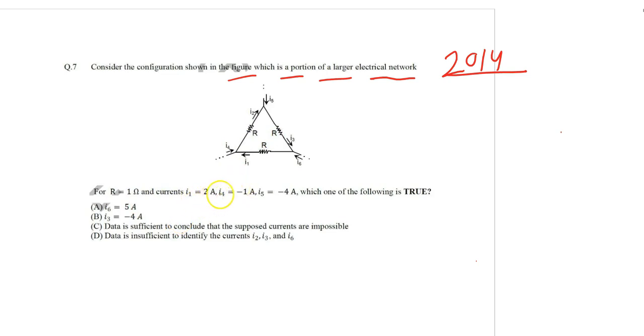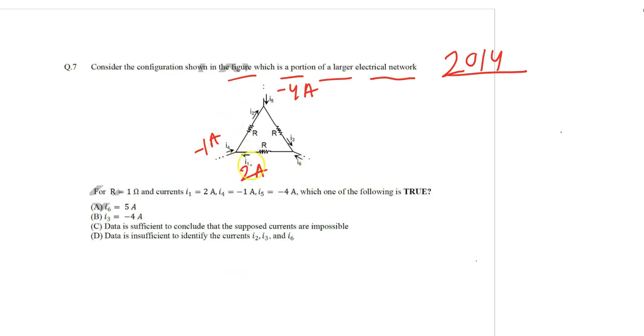Current I1 is 2 ampere, I4 is minus 1 ampere, I5 is minus 4 ampere. Which of the following is true?